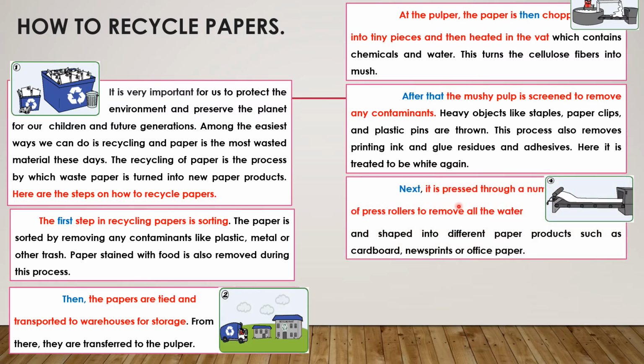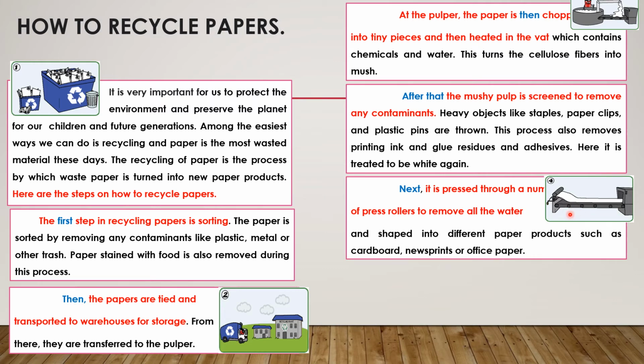Right, next it is pressed through a number of press rollers to remove all the water. So it is pressed so that all the water is strained out. All right, so it is pressed by rollers. So these are rollers. Do you see the circle?